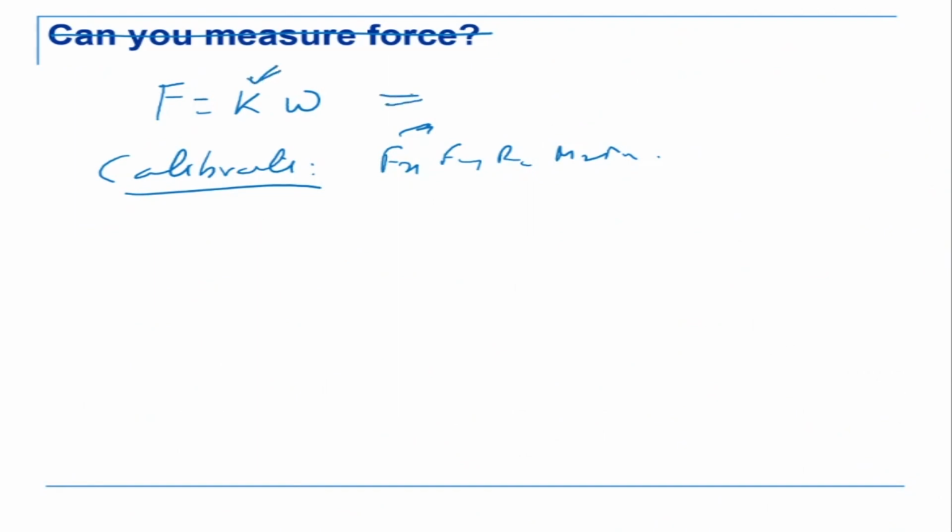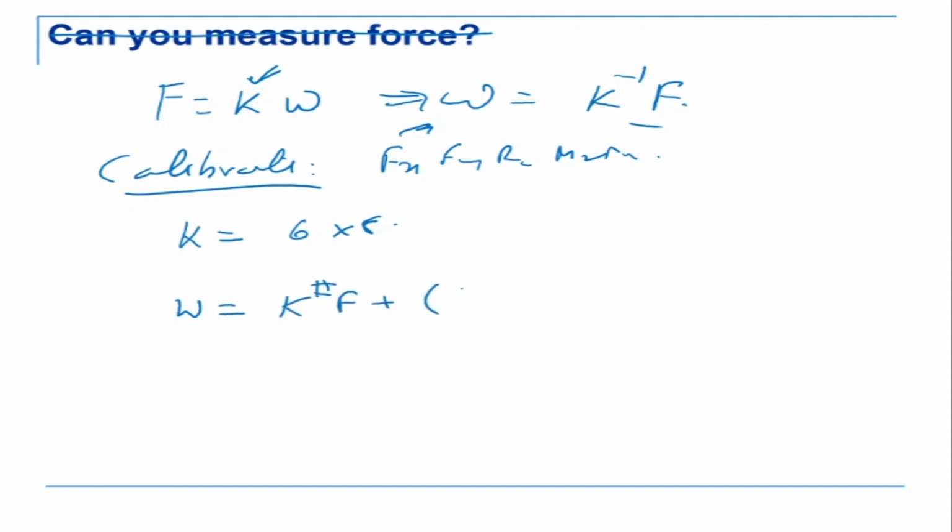Then what I can do is I can say W is equal to K inverse into F. But what you see here is that K is a non-square matrix. It is 6 by 8, which means that the generalized solution of this equation is W is equal to K pseudo inverse F plus (I minus K pseudo inverse K) into lambda.